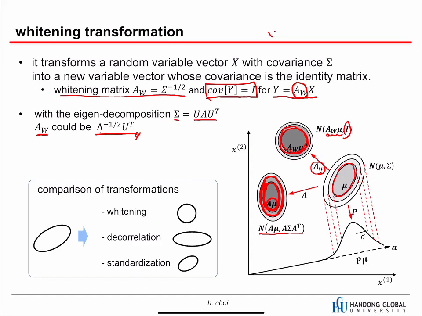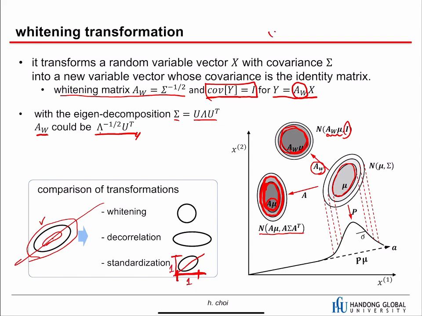And we want to compare a couple of different transformations here. So let's say this one is our distribution. If we standardize this distribution, then on this dimension the variance is 1, and in this dimension the variance is 1.